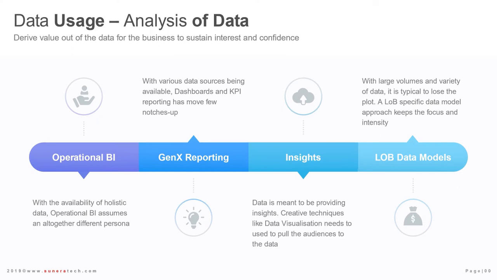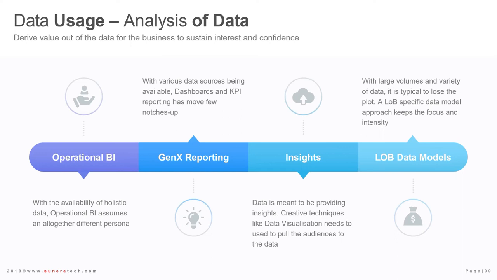And the third one is, now you have these dashboards and KPIs, but how can you provide these insights using data visualization techniques so that it is obvious and people can recognize it immediately? There are a lot of techniques to bring out the best insights using data visualization.